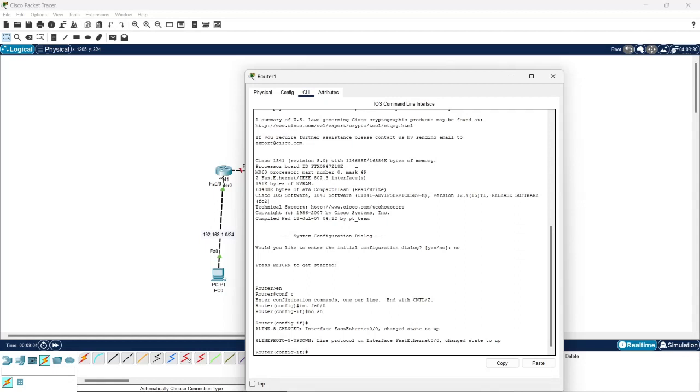After that, we're gonna add the IP address 192.168.2.1 with the prefix 24.